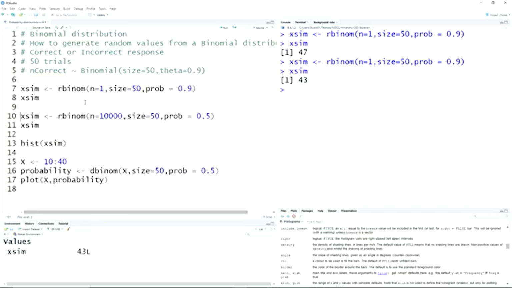Because it's a generative process, it will generate different values depending on the underlying probability mass function. What is the underlying probability mass function? It's a binomial distribution with underlying probability of success 0.9. So the highest probability mass would be somewhere around 45.